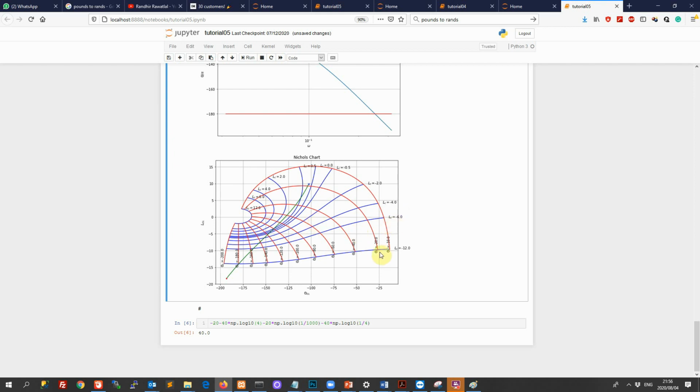So those are the closed loop versions of L and theta, and on the Cartesian coordinates here are the open loop values.